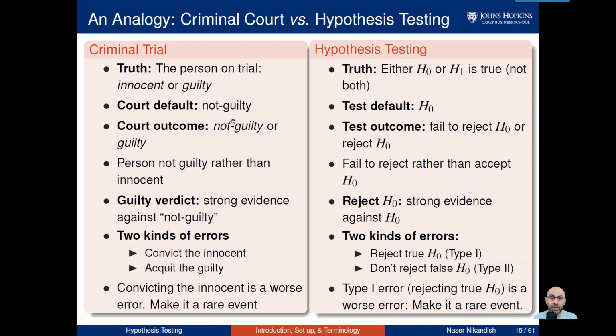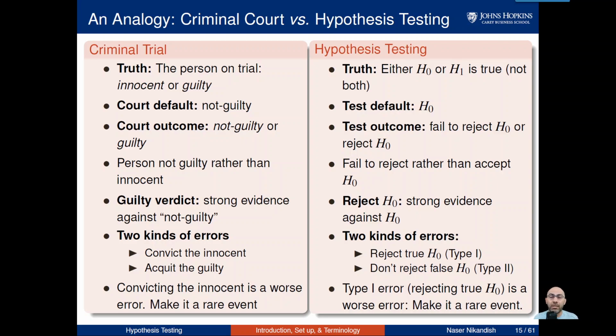That is a fact, right? But nobody knows whether the person is innocent or guilty. That is truth, all right? In court, we are going to assume that this person is not guilty. See, I'm not starting with this person is innocent. I'm saying this person is not guilty, right? H0 in court is the person is not guilty, H1 is guilty.